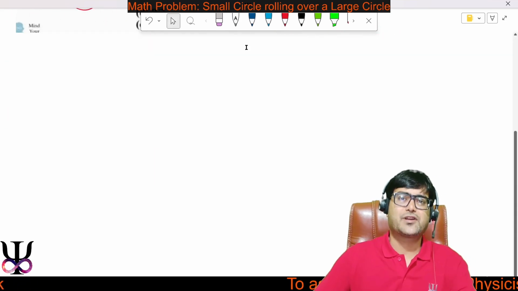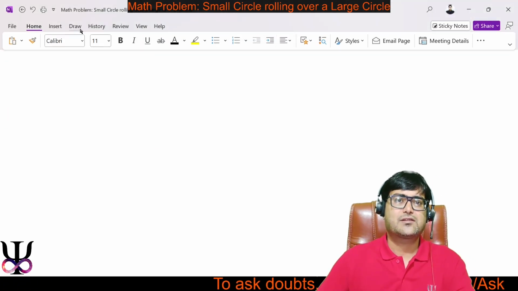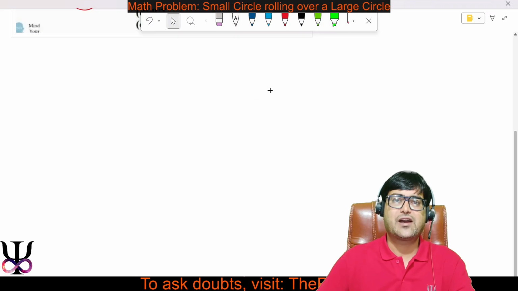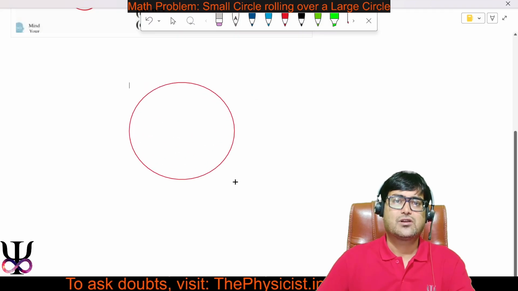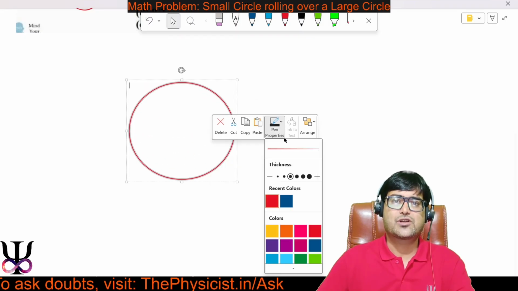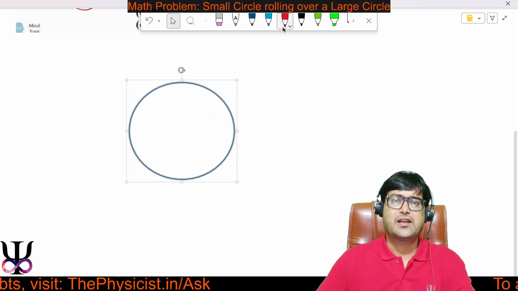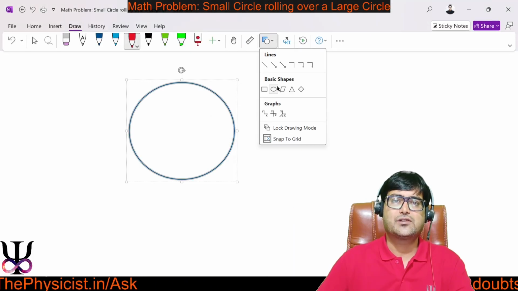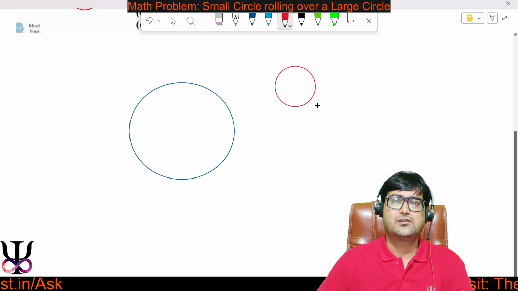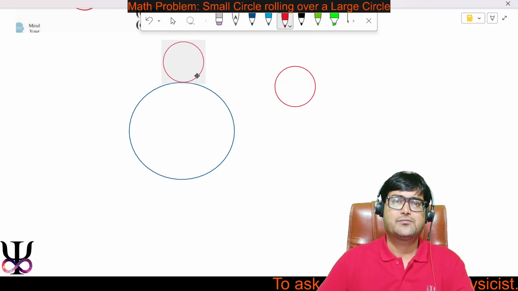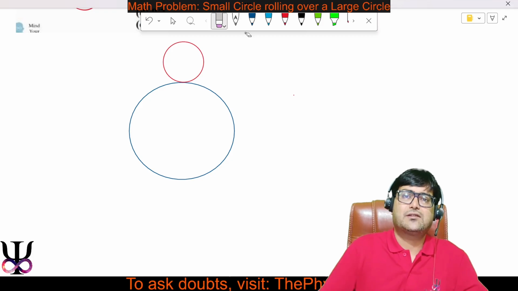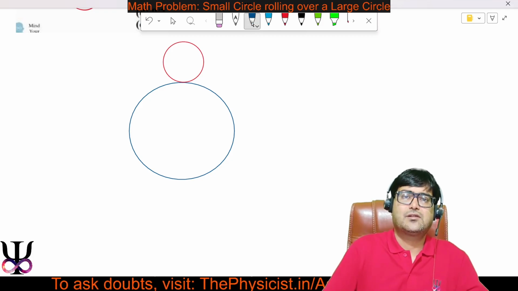Let me draw the figure once again to clarify. Imagine I have the blue circle. Let's suppose this is the blue circle, which is the bigger circle, and let me put a smaller circle here on top of it. Now let's understand what happens.